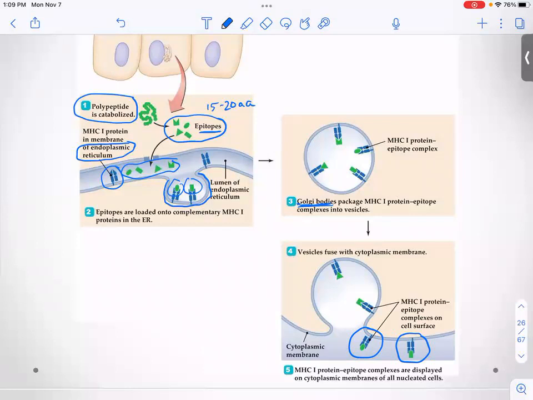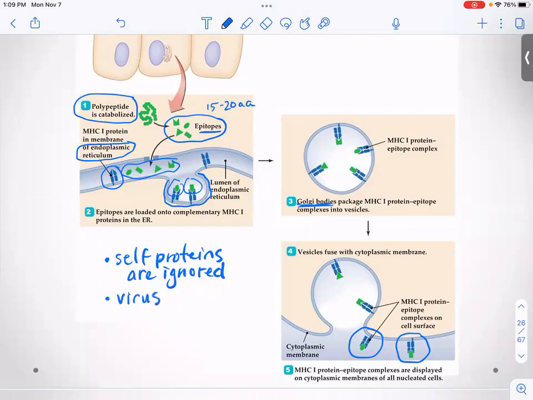Okay, so the point here is that if self proteins are presented, then they should be ignored. We shouldn't have T cell receptors that recognize self antigen. So self proteins, self antigens, are ignored.